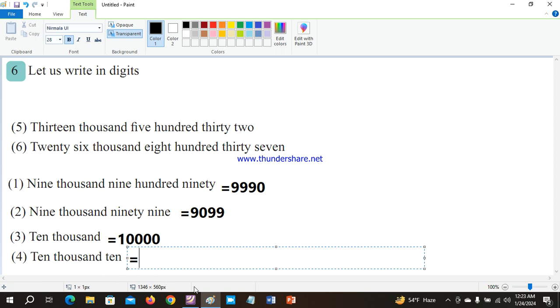So in ten-thousands place we have to write 1, and then thousands place is 0, and hundreds place is 0, and then 10.